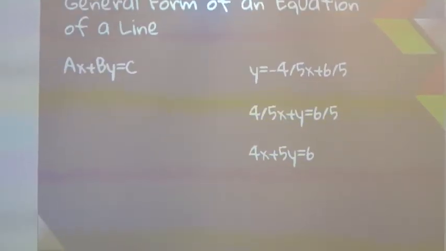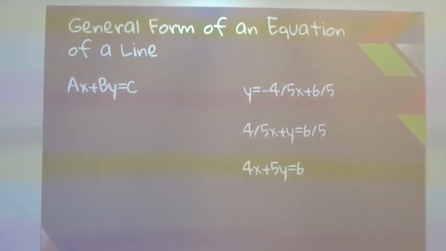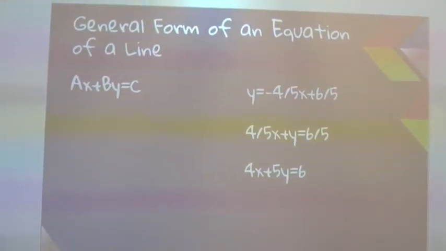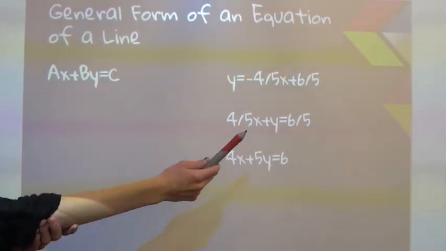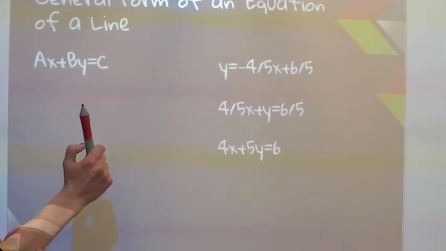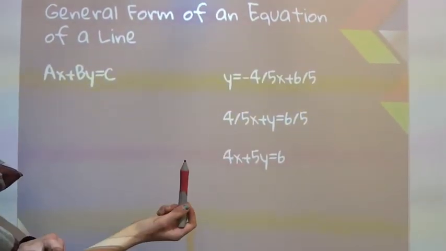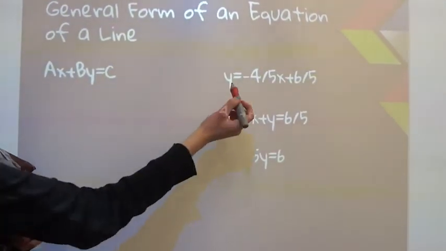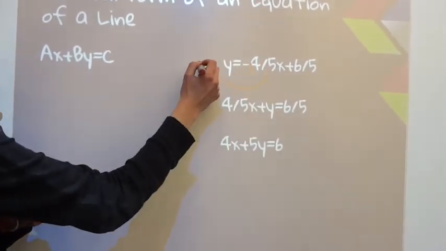Okay, now we're going to do general form of an equation of a line. The general form is ax plus by equals c, where a, b, and c are whole numbers. We go back to our slope-intercept form, and we're trying to get the x and the y together. We have negative 4/5 x, so we just add that to the other side.